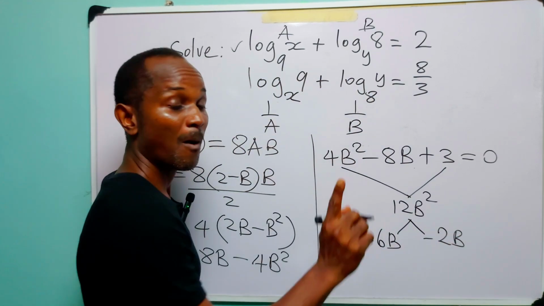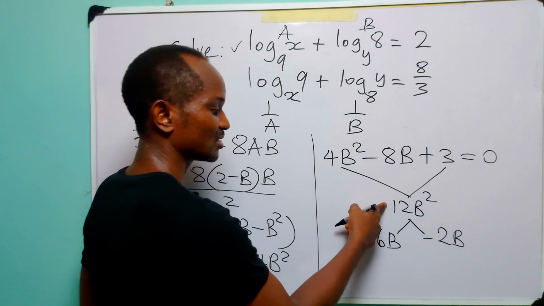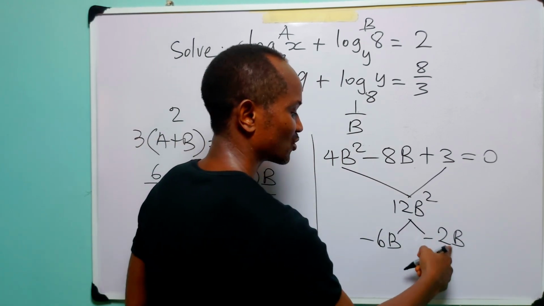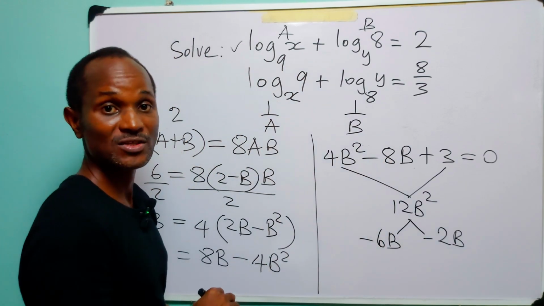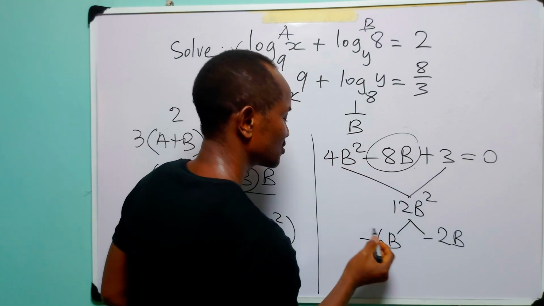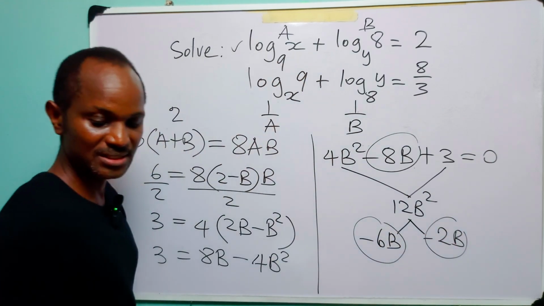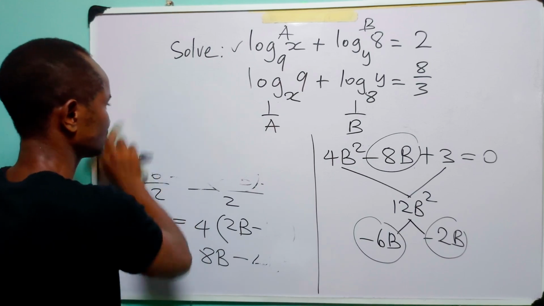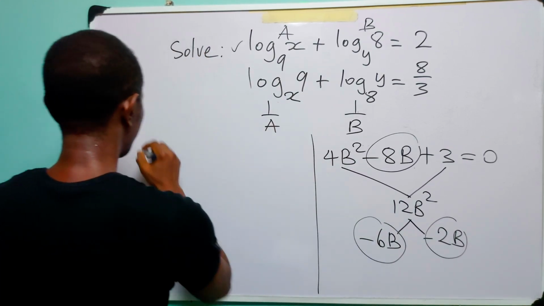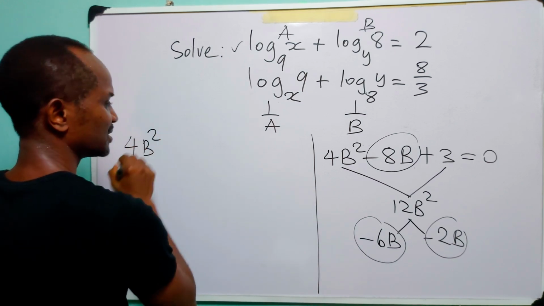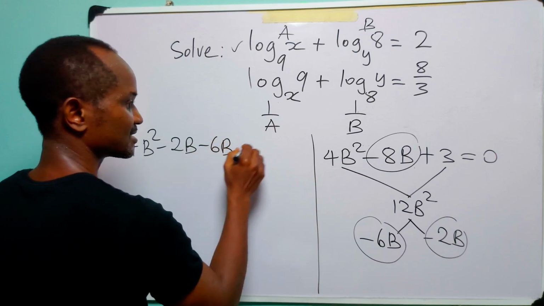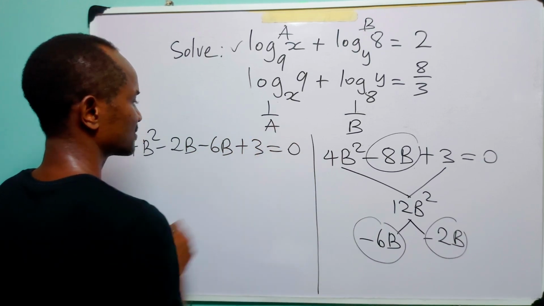Because minus 6b multiplied by minus 2b is going to give us plus 12b squared, while minus 6b added to minus 2b is going to give us minus 8b. So the next thing we do is to replace this quantity in this equation with these two quantities. And when we do that, we have 4b squared minus 2b minus 6b plus 3 is equal to 0.